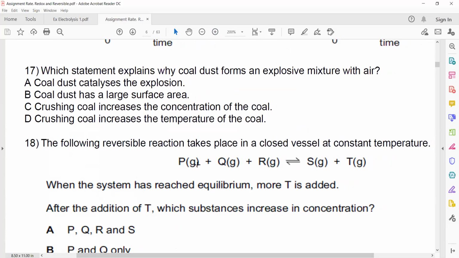So why does the coal dust form an explosive mixture with air, or burn easily in the presence of air? Because the coal dust has a large surface area because it's a dust. Dust means fine particles are there. Fine particles, large surface area, so it can burn easily.